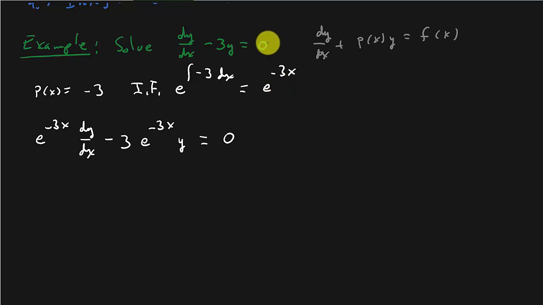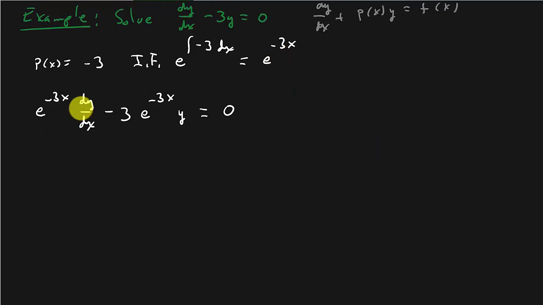Then this left-hand side, remember what it said: it becomes the derivative of the product of the integrating factor and y. Every time, whatever your integrating factor is, it's that integrating factor times y, and it's the derivative of that product. Now let me show you how that works out.